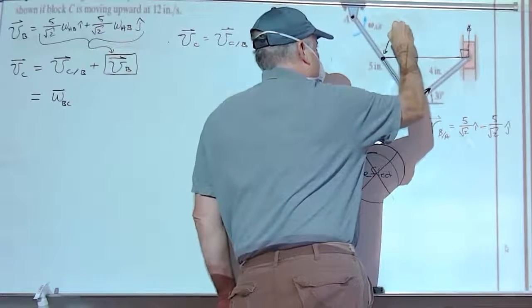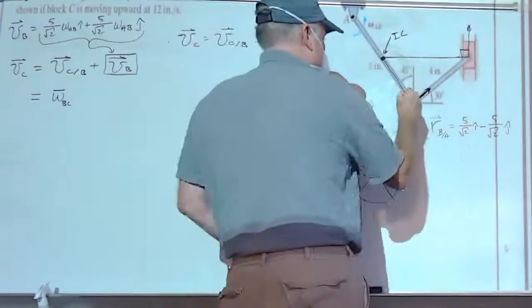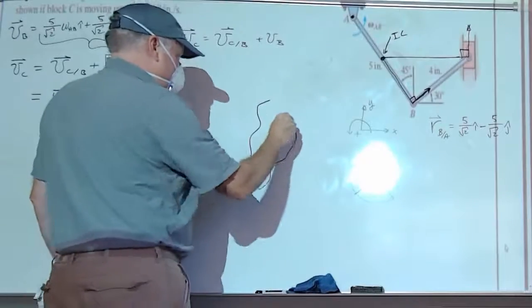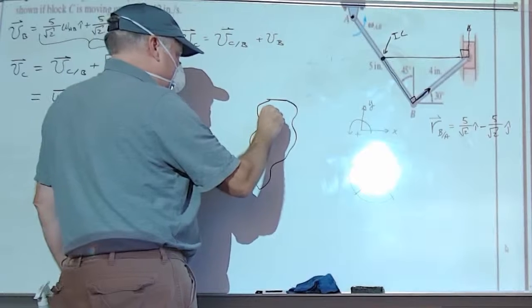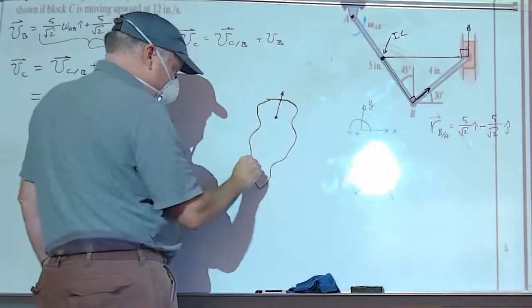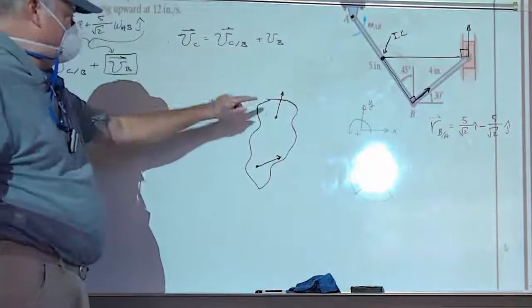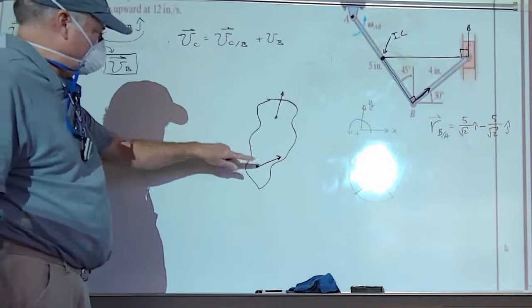So this is what they call the instant center. So any two points on a body, one velocity might be going here, the other one's going here. You know the direction of two velocity points.